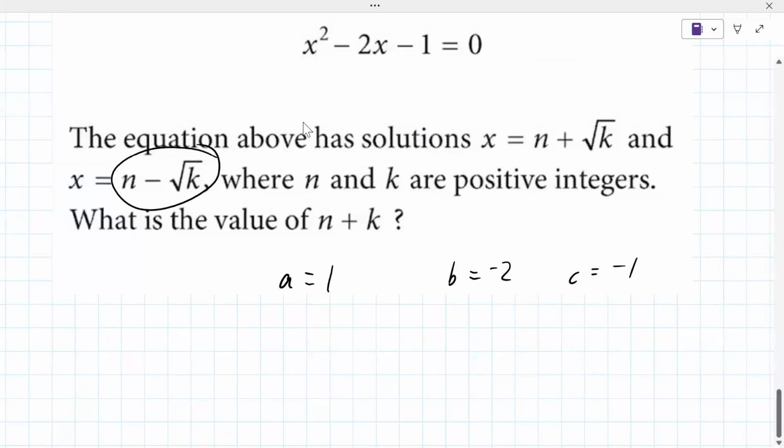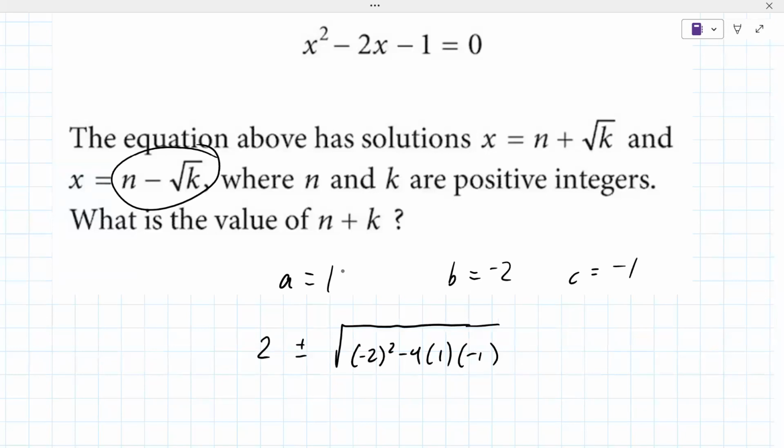There has to be a number in front. It's not just the root of something. So it's minus B, which is 2, plus or minus the square root of minus 2 squared minus 4 times 1 times -1, all over 2 times 1. Do you have something like that written down?